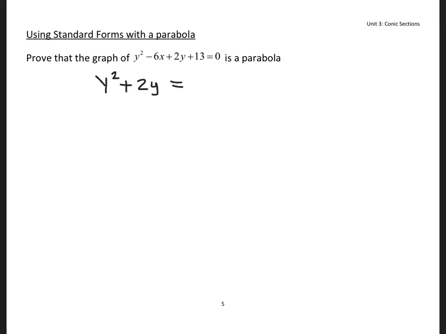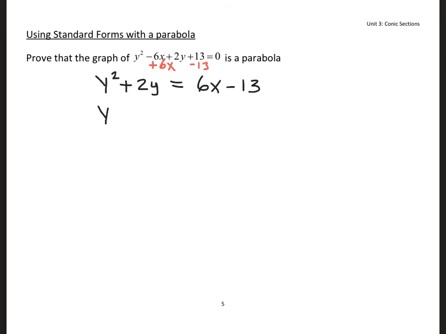So I add 6x and I subtract 13, and that's all equal to, so I move them to the other side. So here I added 6x and I subtracted 13. It's good so that we can see it.